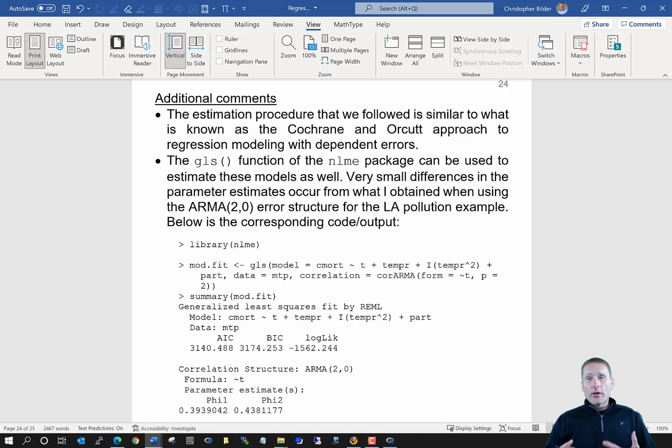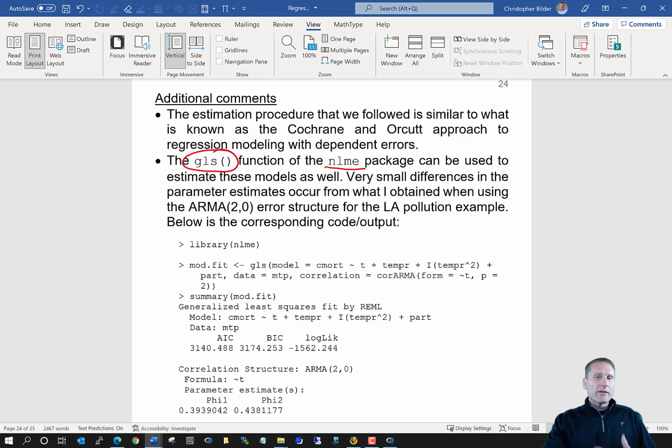Again, there are other functions out there that will implement the model fitting. Another one that will do maximum likelihood estimation is the gls function of the nlme package. This is actually the function that I've used many times previously when I've taught this course.